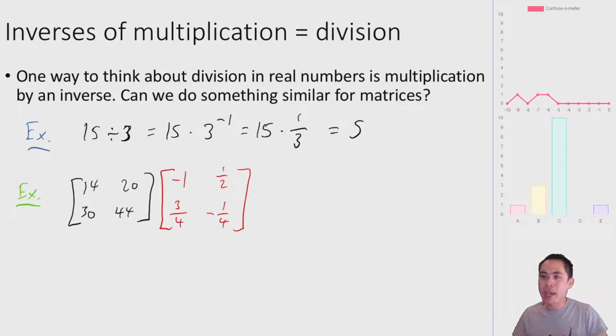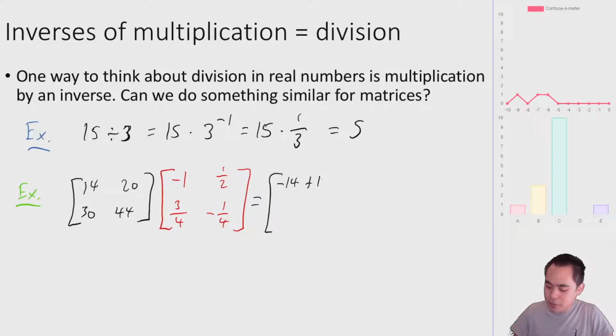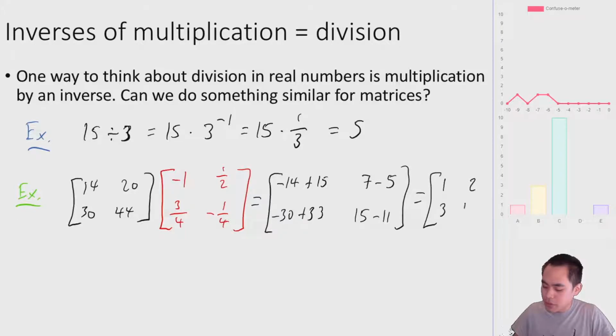We'll talk about how to calculate this matrix later. When we multiply this out, we get minus 14 plus 15, because 20 times 3/4 is 15, and 7 minus 5, and minus 30 plus 33 here, and 15 minus 11. And so it turns out that you do end up getting 1, 2, 3, 4.